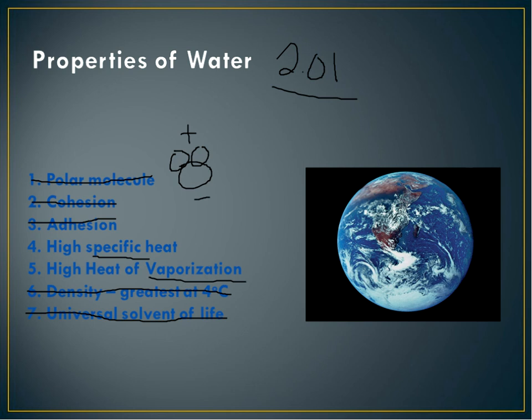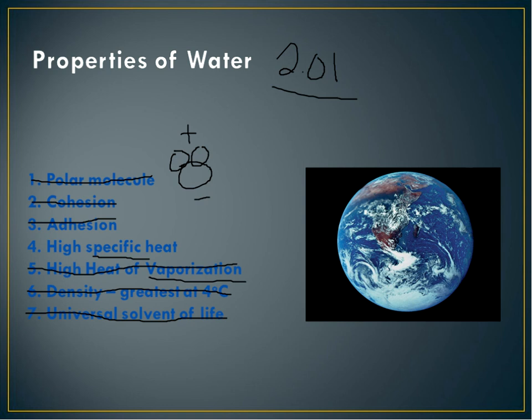Which one refers to it takes a lot of energy to boil water? Which one do you think that is? We got mixed ones here. Well, when you vaporize something, you turn it into another type of material. So boiling water, that's high heat of vaporization.